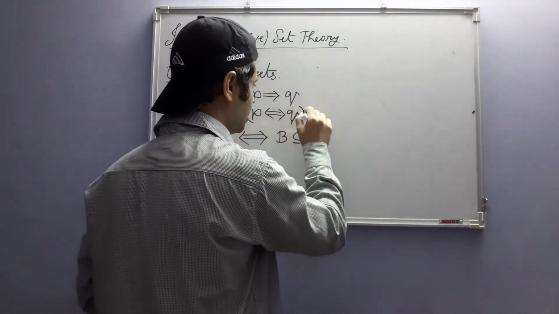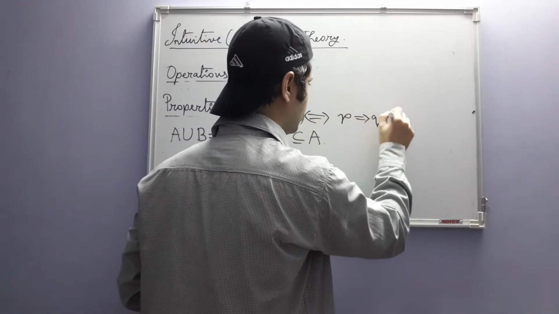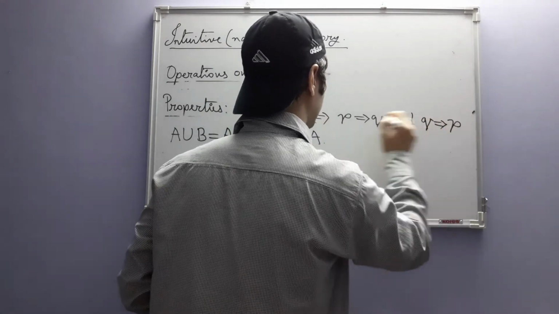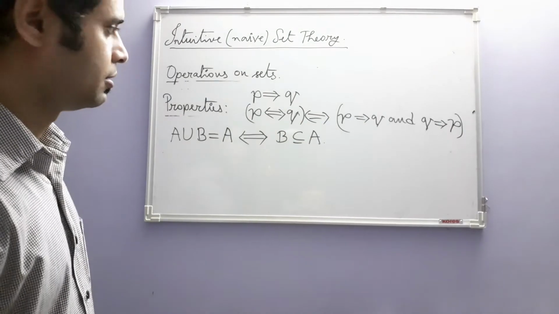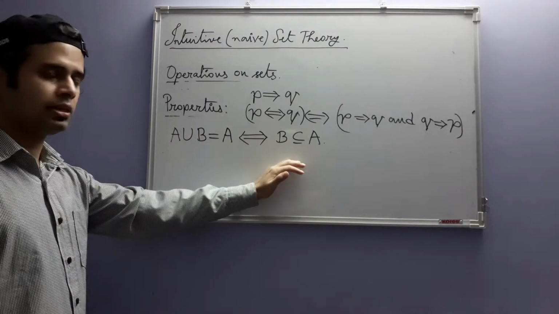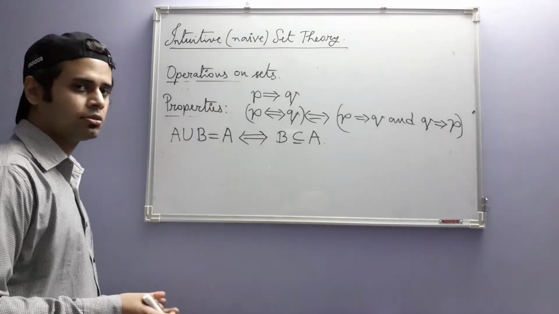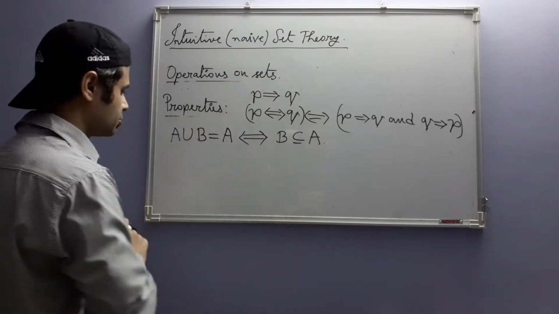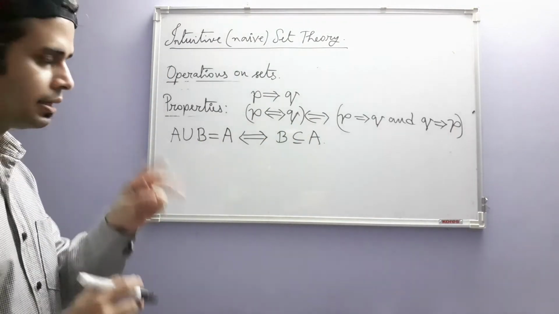This is the same as P implies Q and Q implies P. So we have to prove two things. Okay, so these are stronger statements. They say extra, they say two implications. This implies this as well as this implies this. So the proof of this will actually have two parts.